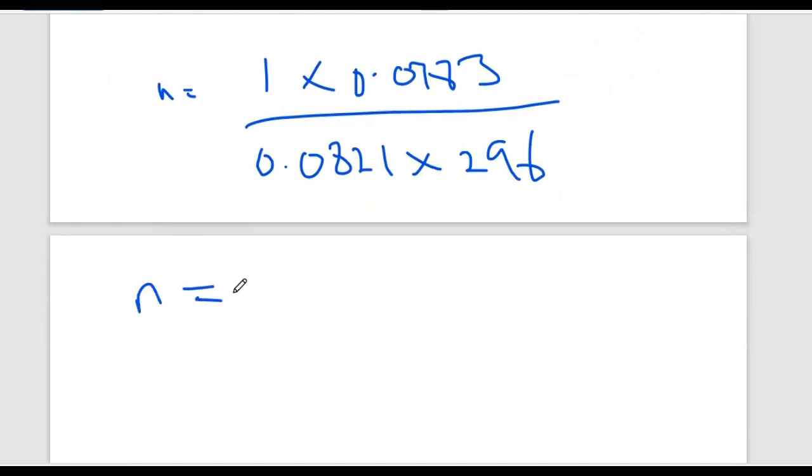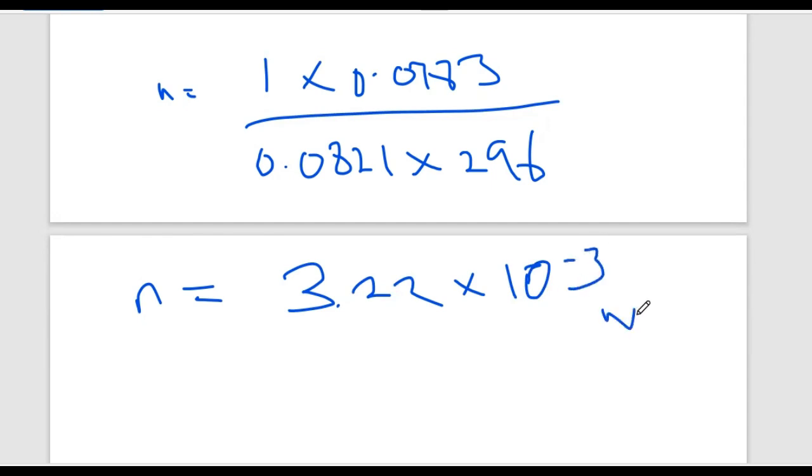When I divide, what is it showing on my calculator? Please confirm these values. On my calculator, it's giving me 3.22 times 10 to the power minus 3 moles of hydrogen. Remember, we're finding the moles of hydrogen here.